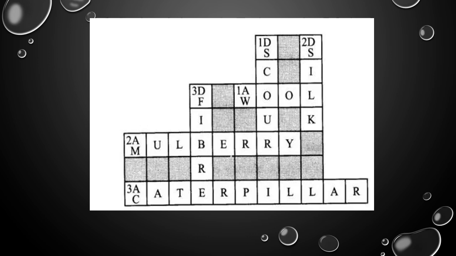Now across, keeps warm. Answer, wool, W-O-O-L. Next, its leaves are eaten by silkworm. The answer is mulberry, M-U-L-B-E-R-R-Y. Finally, hatches from egg of moth, caterpillar, C-A-T-E-R-P-I-L-L-A-R. So, did you get this answer right?